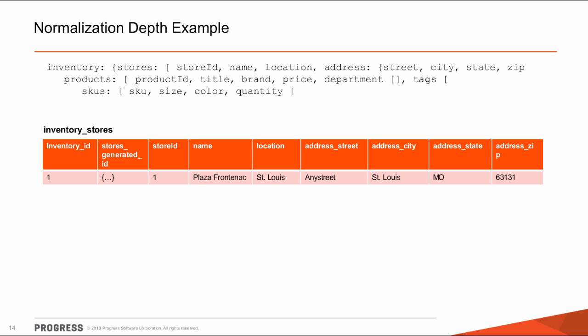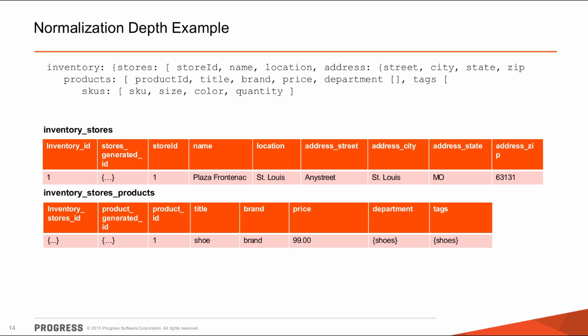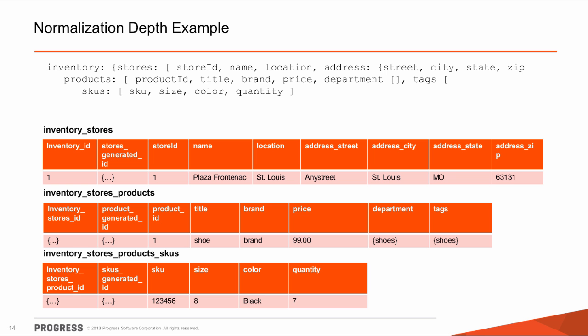And for each of those stores, there's an array of products, and there are departments and tags for those products. And each product has a set of SKUs describing the size or the color or the variety of the particular product. How that would potentially be represented in a normalized model would be as an inventory stores parent table and an inventory stores product child table that corresponds to that product level of the JSON document.